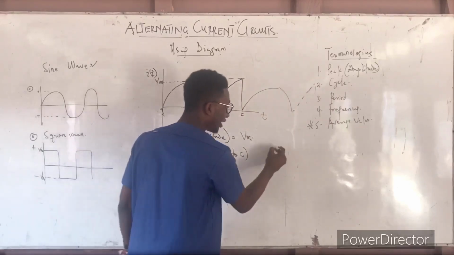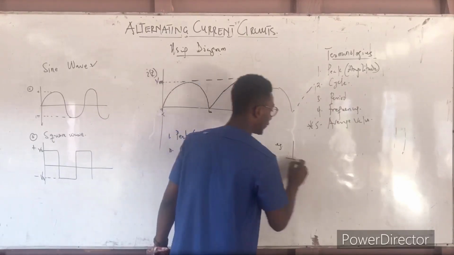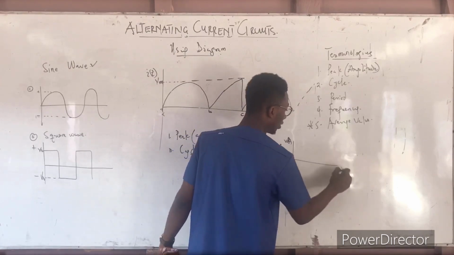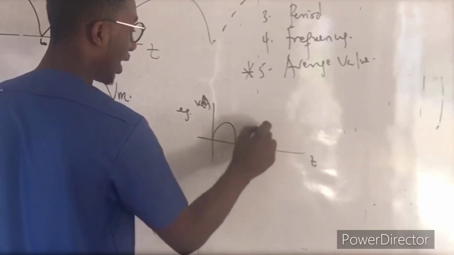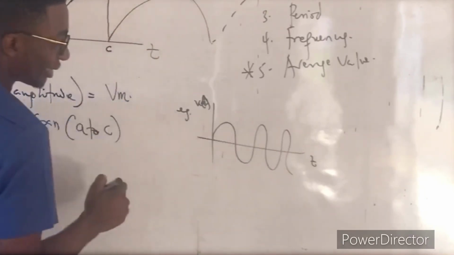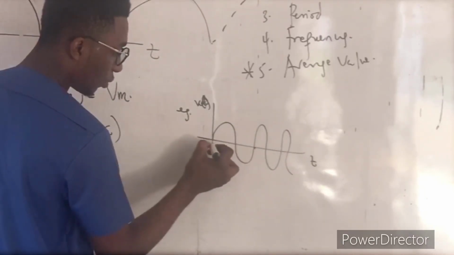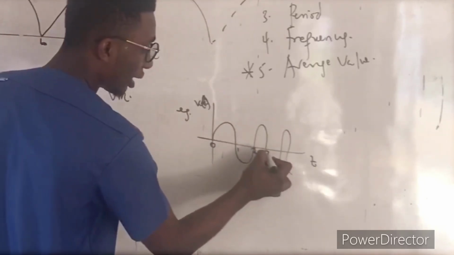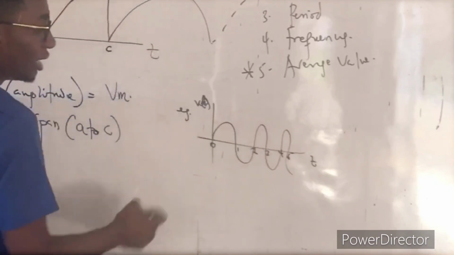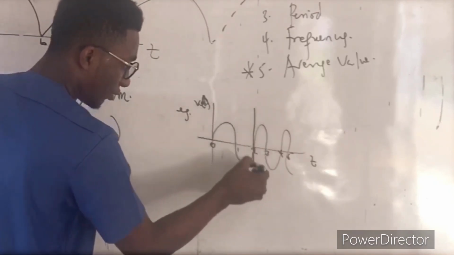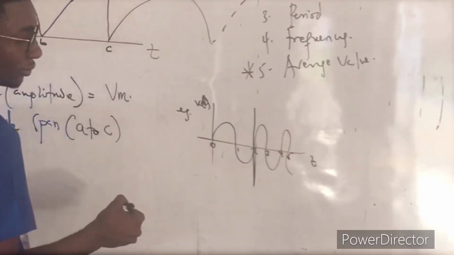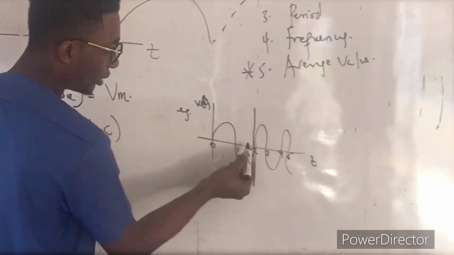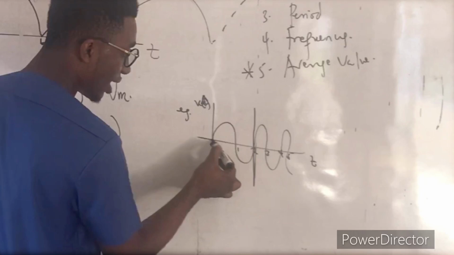Now if we have an example like this function, let's say v of t against t, with only a sinusoidal, then the cycle ends here. If you have maybe 0, 1, 2, then this maybe 3, 4, 5, this is a complete cycle because it starts from here to here.